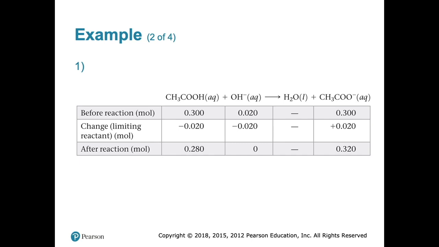The acetate ion, right? And that's why on this side, you get 0.02 moles more of the acetate ion. These 0.02 moles of the acetate ion came from the fact that these 0.02 moles of hydroxide pulled off 0.02 moles of protons from the acetic acid, okay?